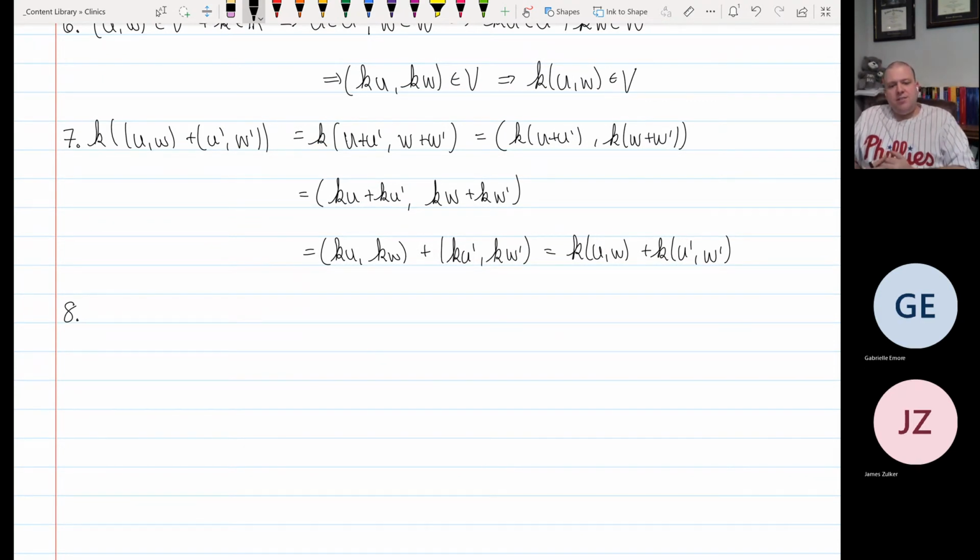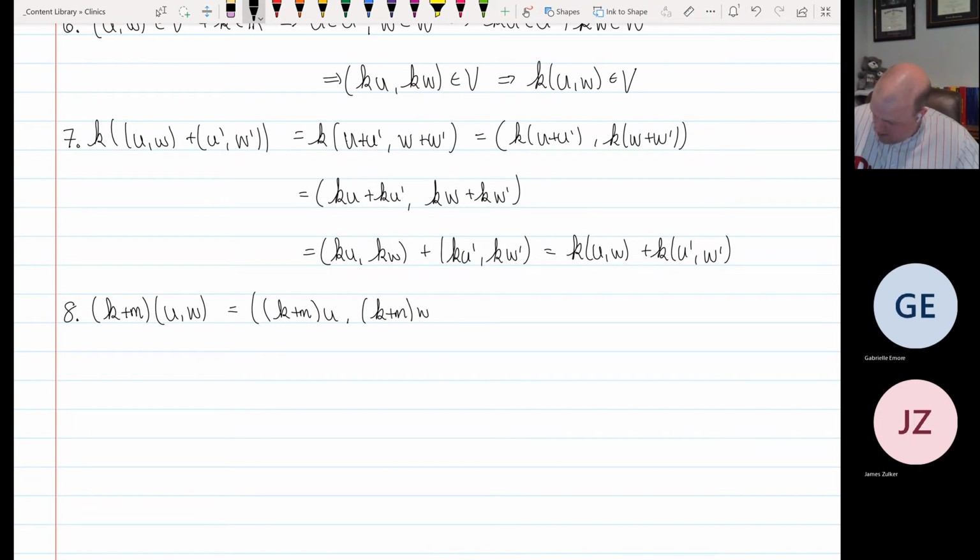Right, so number 8, we have to show that it now also distributes across regular addition. Right, so by definition, we're going to have this. But U is a vector space, so the first component distributes.